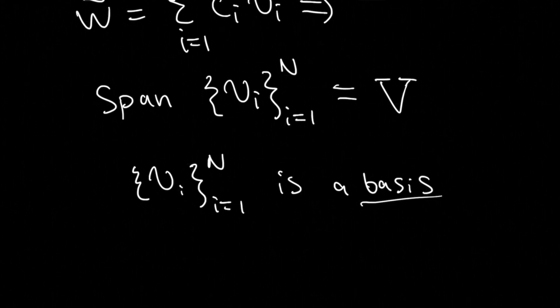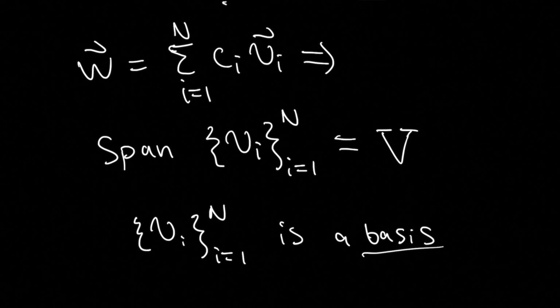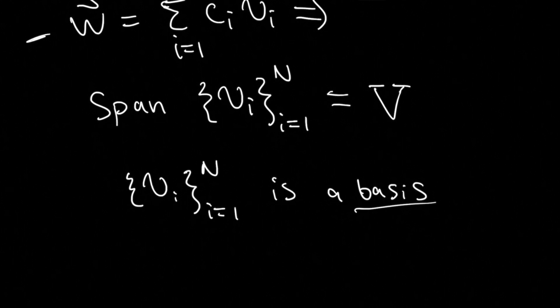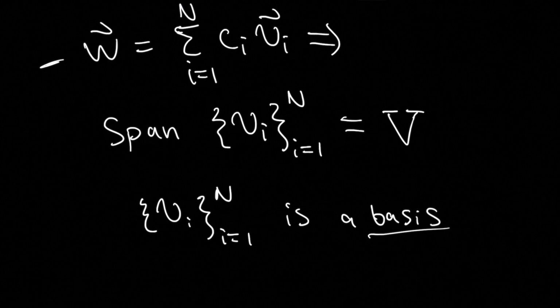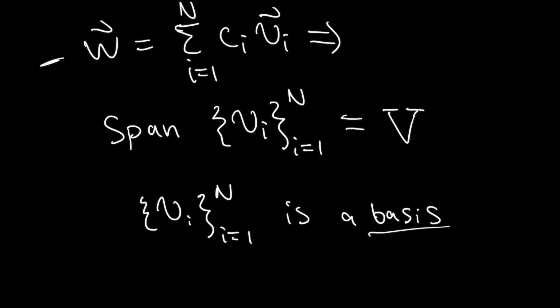As I already described, the great thing about a basis is that any vector in the space can be written as a linear combination over the basis vectors. So there's an equivalence between vectors in the space, which I am labeling W here, and a set of coefficients c sub i from i equals 1 to n. The set of coefficients is called a representation.